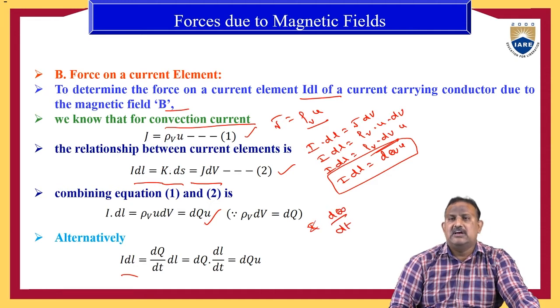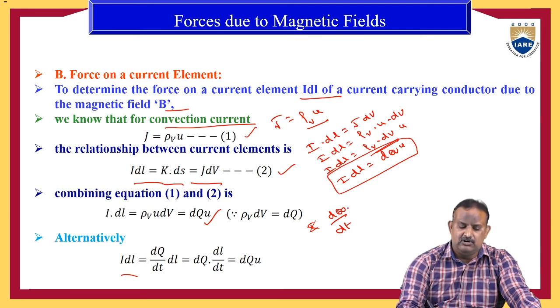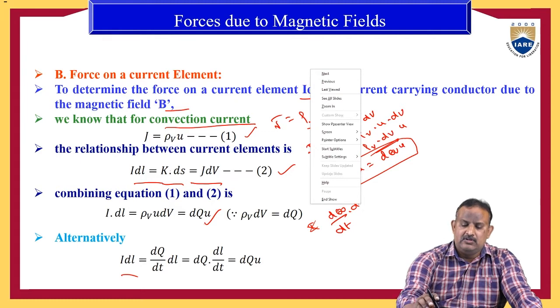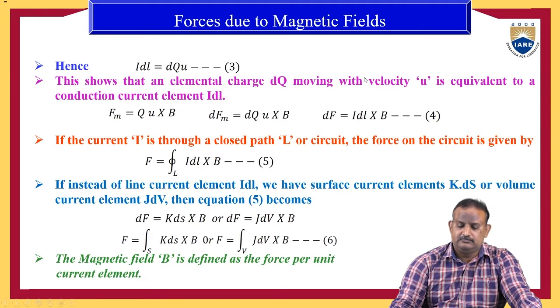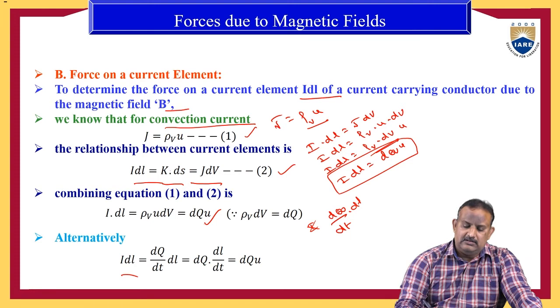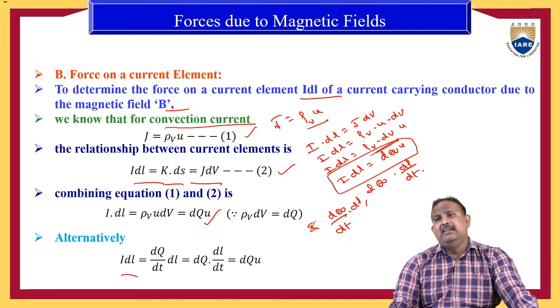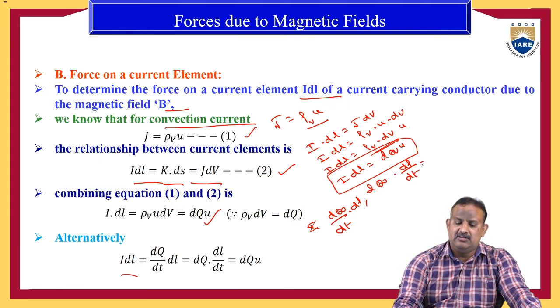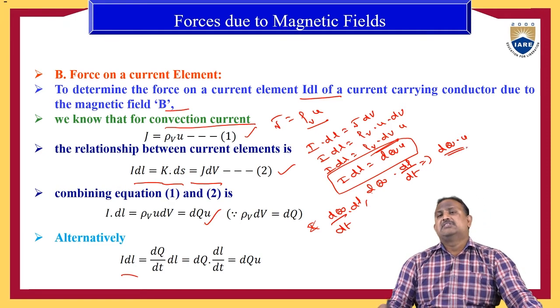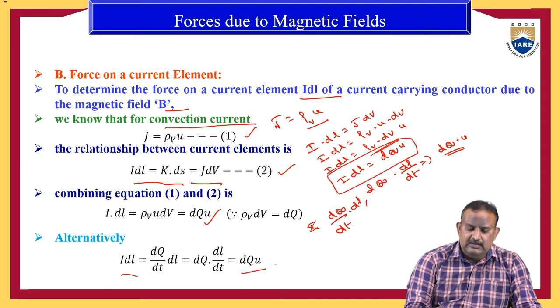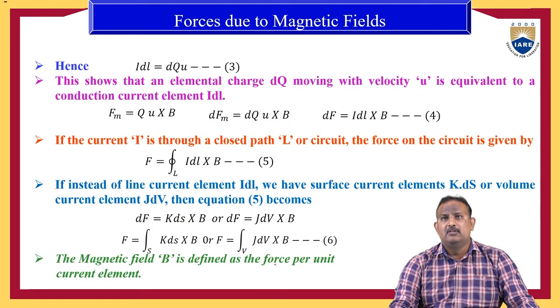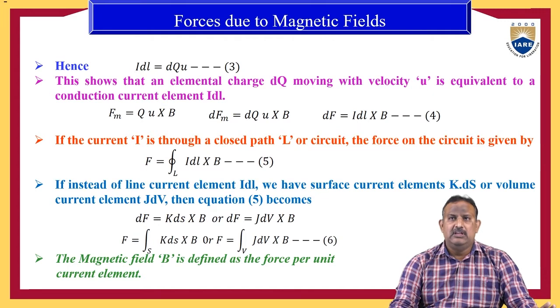So dq by dt into dl, or we can readjust the equation as dq into dl by dt. And dl by dt, the rate of change of displacement, is nothing but the velocity. Therefore in place of I dl, directly we can write dq into u.